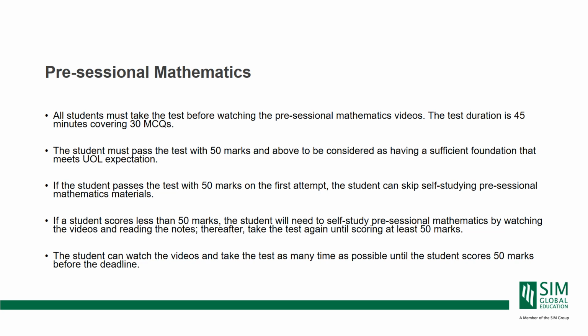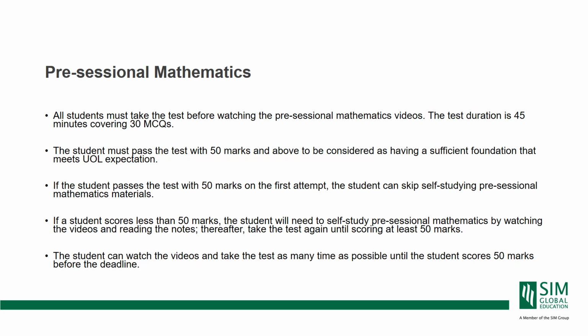And what must you do? You will need to self-study pre-sessional mathematics by watching the videos and reading the notes attached with the videos, until you have gained a solid understanding of the material contents inside, and then you go and take the test again until you score 50 marks and above.